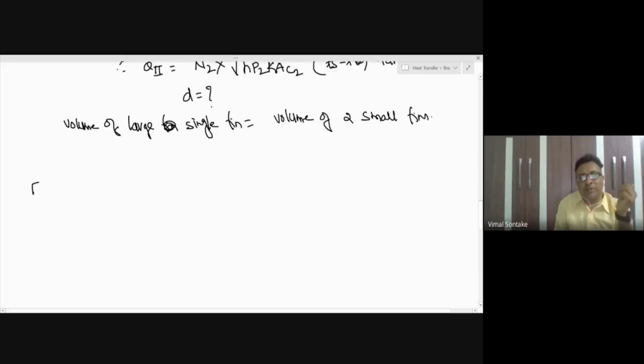Got my point? That is, cross-sectional area of first fin will be equal to twice into cross-sectional area of single fin.